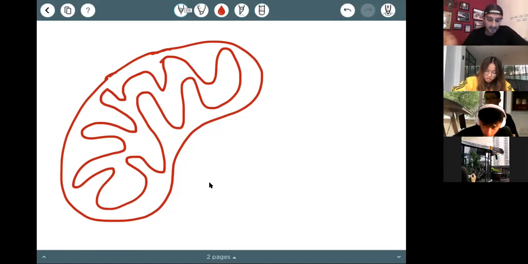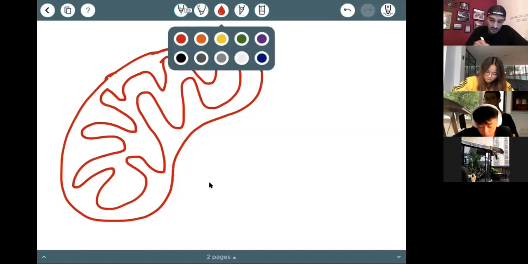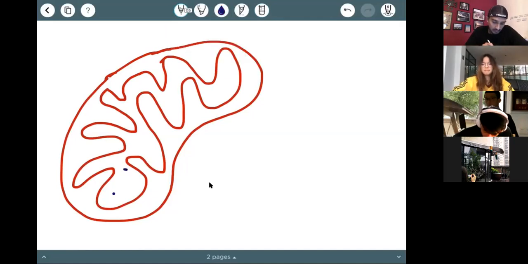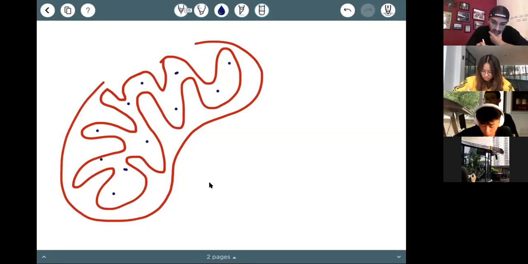So this is your basic structure. What do we need to add? We're going to add a couple little dots here. Bam. And that is your mitochondria. Now I'm being a perfectionist. All right, good enough.